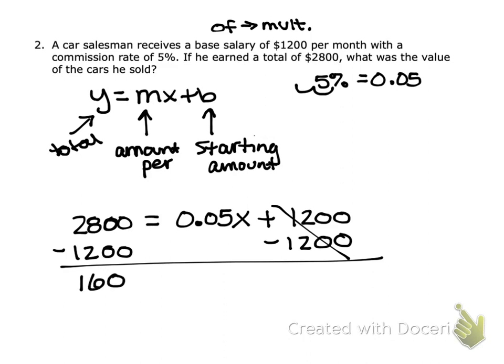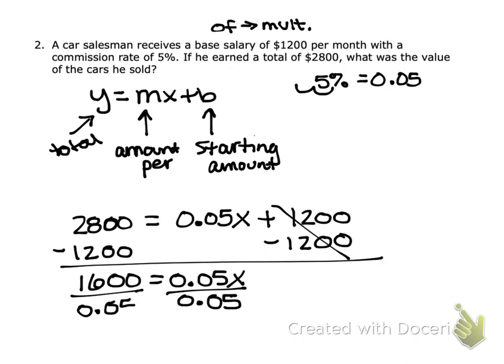So this is going to be 1,600 equals 0.05x. And we're going to divide both sides by 0.05. And when you do that, you get $32,000.